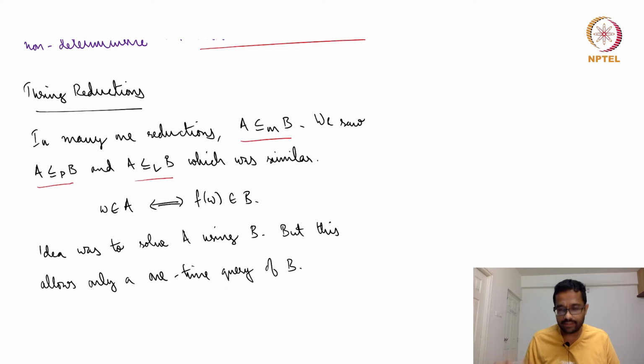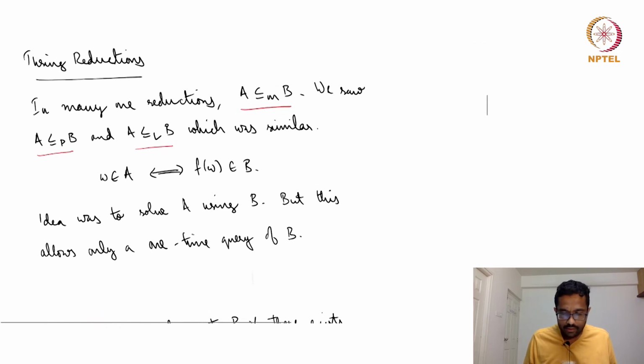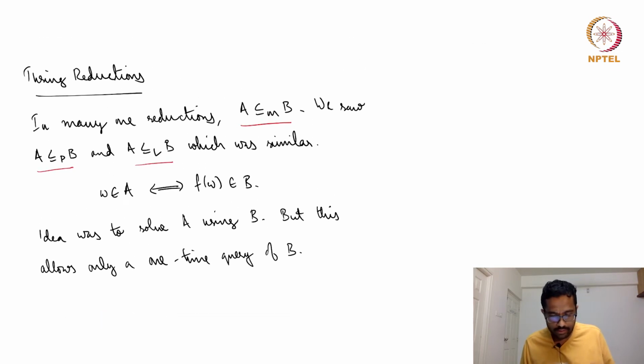So many-one reductions is just the same thing, except that there is no restriction on the time or space used by the machine. But polynomial time and log space are specific cases of many-one reductions. So Turing reductions, right, which is what we are going to define now, address one specific limitation with the many-one, log space or polynomial time reductions.